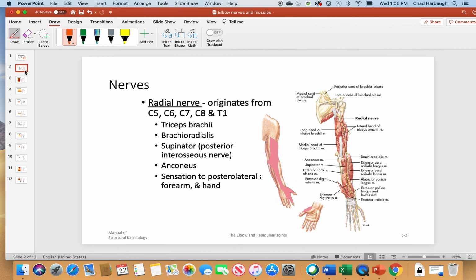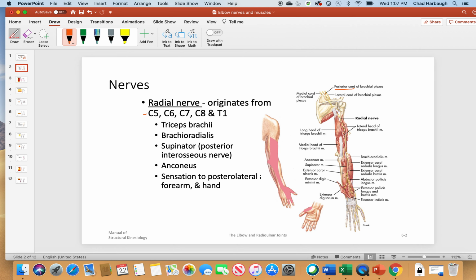So the first nerve that we'll look at will be the radial nerve. Again, the radial nerve is going to come from C5 through T1 spinal nerves. It's formed from the posterior cord. So you can see as it lies in relationship to the axillary artery, it's in the posterior aspect of the brachial plexus.